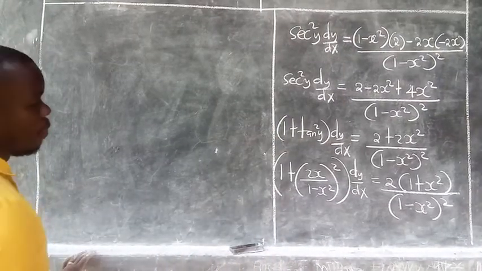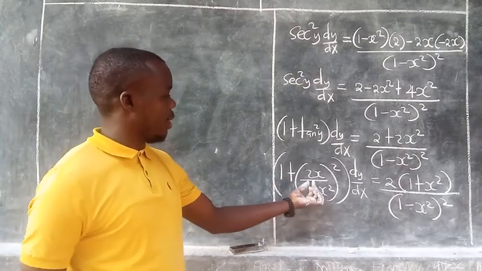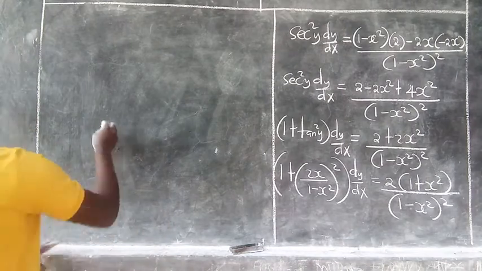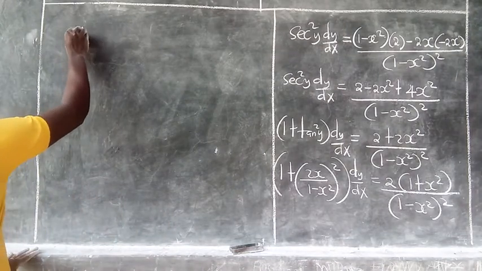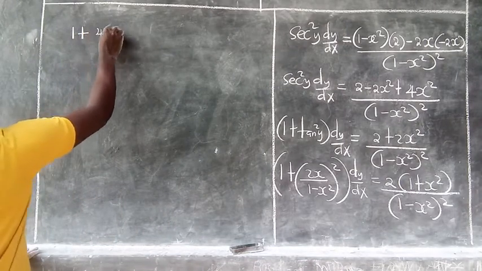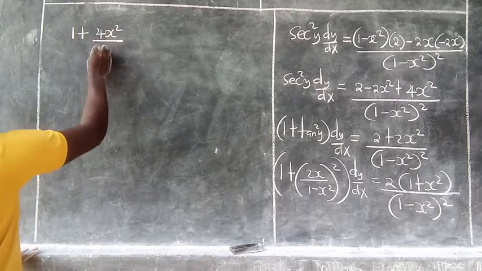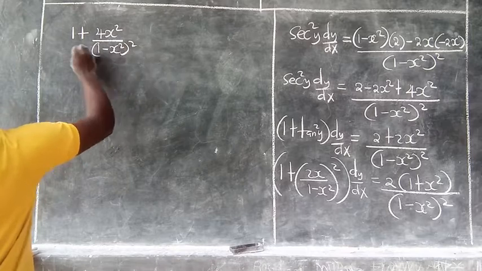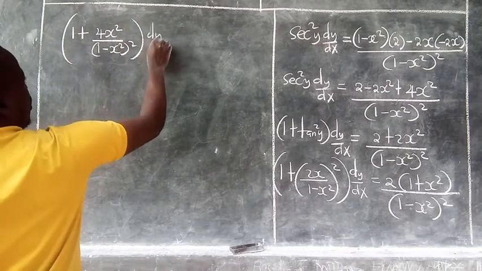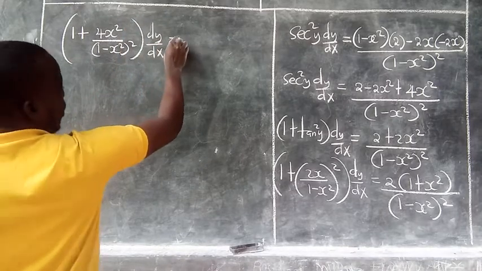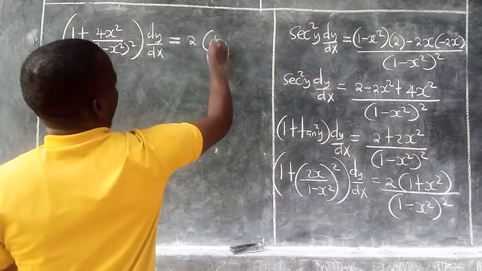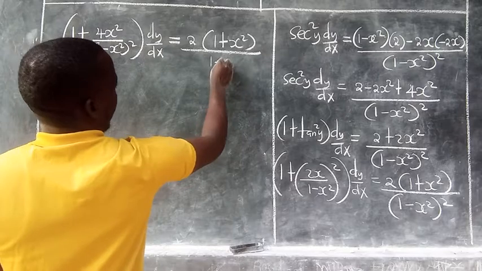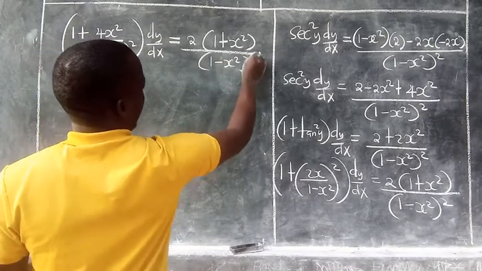So we shall now have to realize that both the numerator and the denominator are going to be squared, so that now we have 1 plus 4x squared divided by 1 minus x squared but squared, all this into dy dx, giving us 2 into 1 plus x squared, but out of 1 minus x squared but all squared.